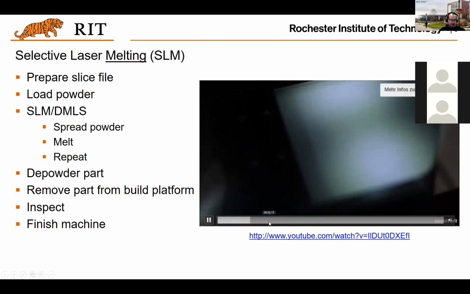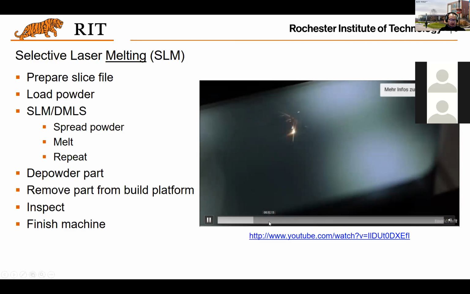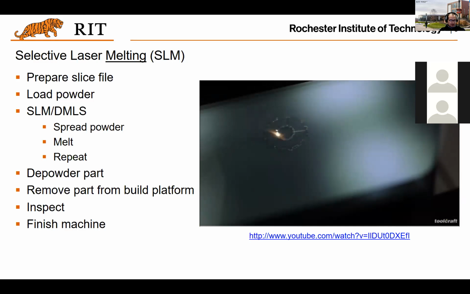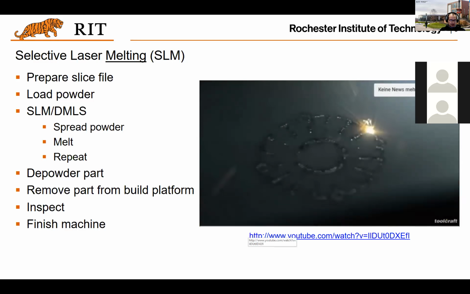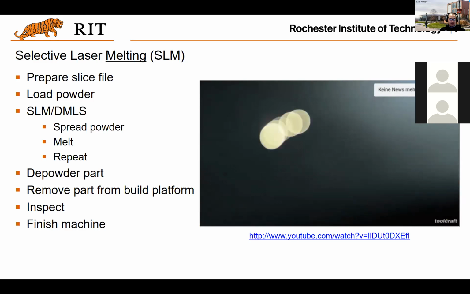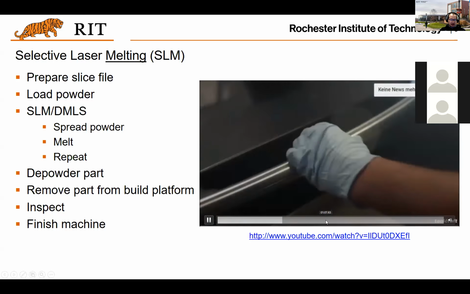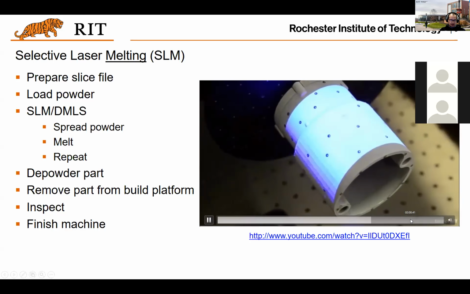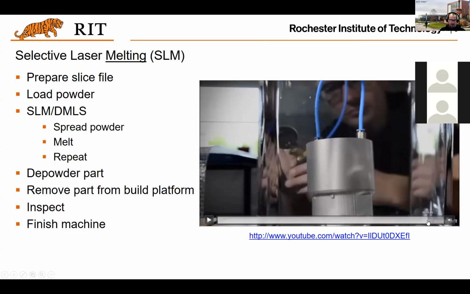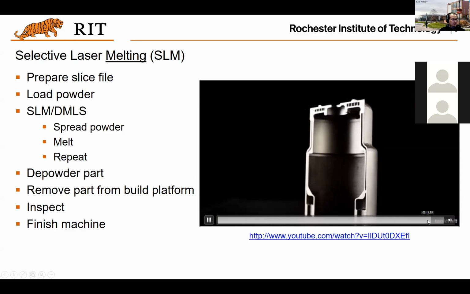If you look at this video, you will see it's quite similar to what we have learned in the selective laser sintering process for plastic powder. But in this one, it's metal powder, and instead of sintering, it is melting. In other words, it has a high temperature and higher power during the printing process. Here shows you a part built by the process, right?